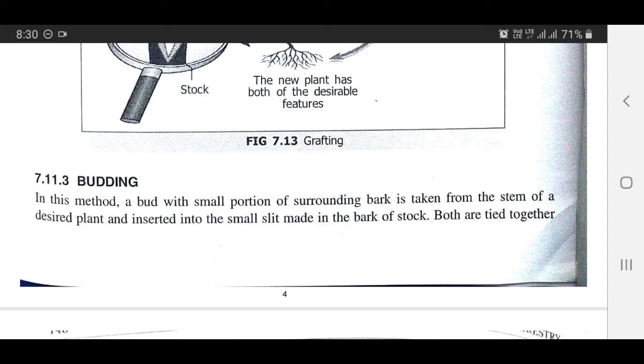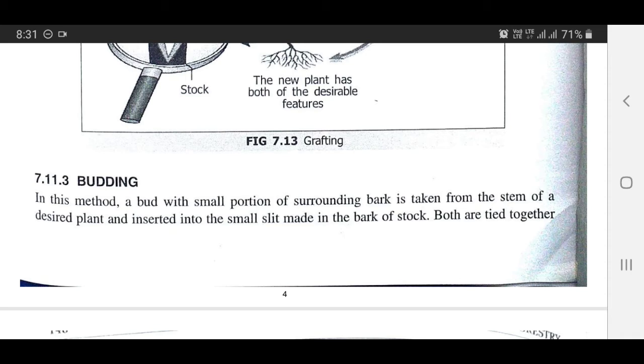Before discussing budding and grafting, the difference between budding and grafting you should know. Grafting is a technique in which we generally use a stick containing more than one bud for implanting over the rootstock. Such a technique is known as grafting, but it requires rootstock as well as scion materials.